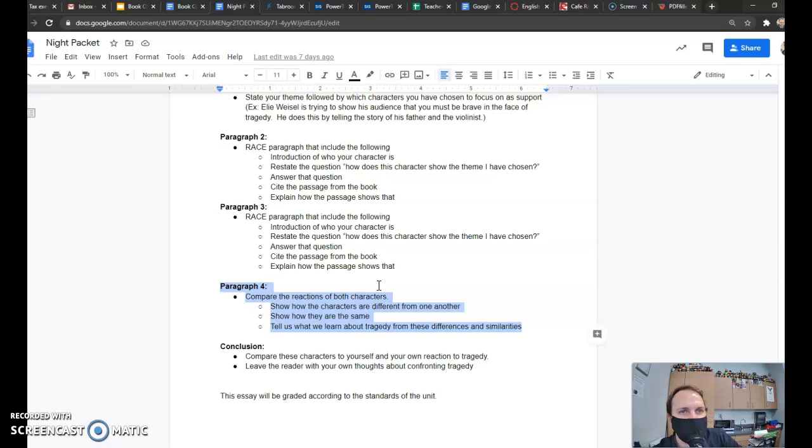Or if you're comparing Mrs. Schachter and Juliet, why did Mrs. Schachter decide to die sort of struggling and going crazy while Juliet decided to go out triumphantly by playing his violin? You need to get into the characters' psychology and what makes them different in order to analyze those things.